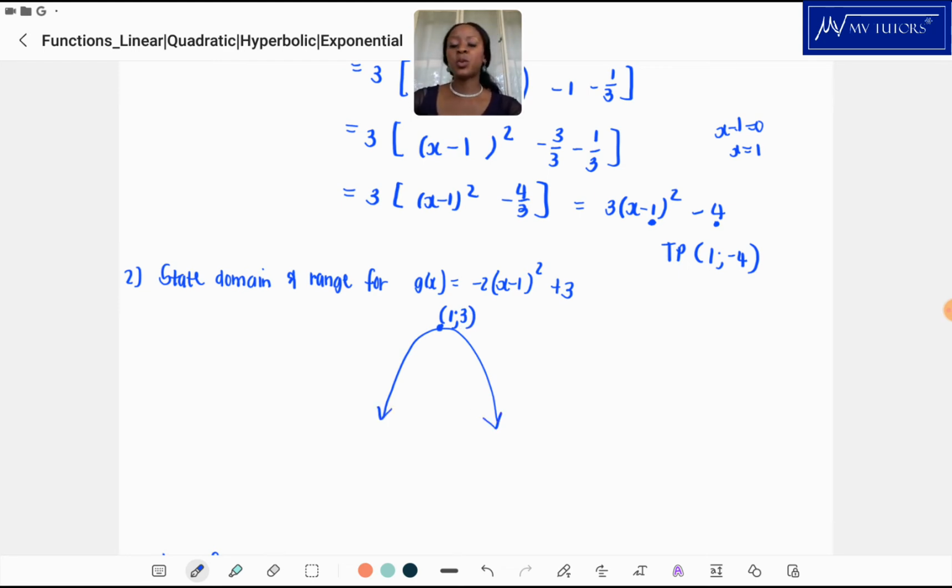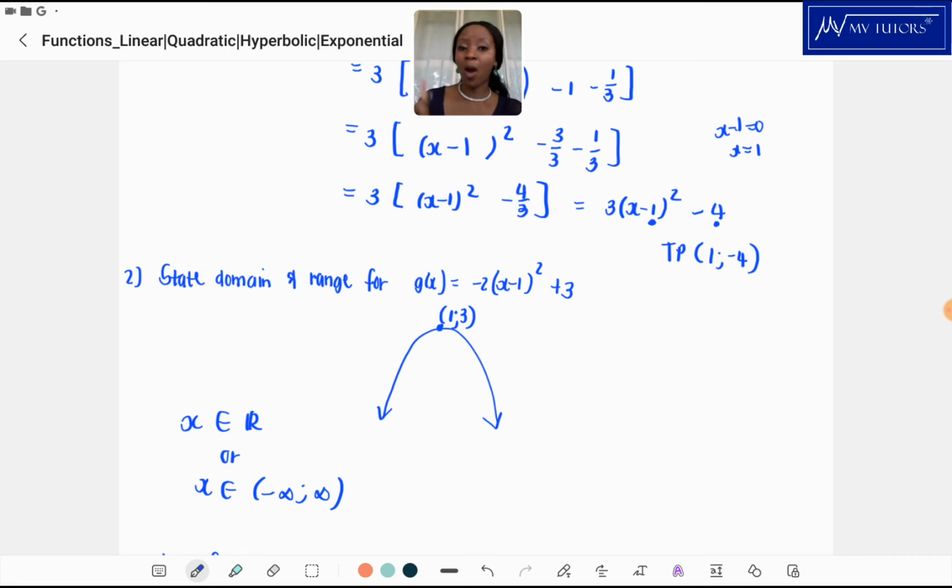So I know that when it comes to the x values, they can go as far to the east and as far to the west. So basically, x is an element of R, or I can go from negative infinity to positive infinity. But what about the range?